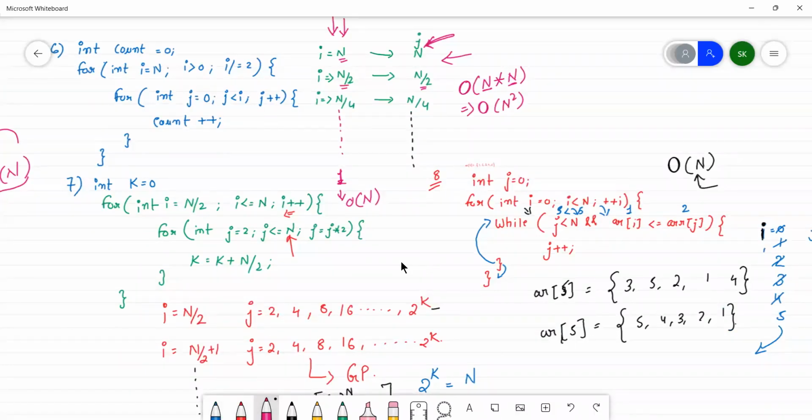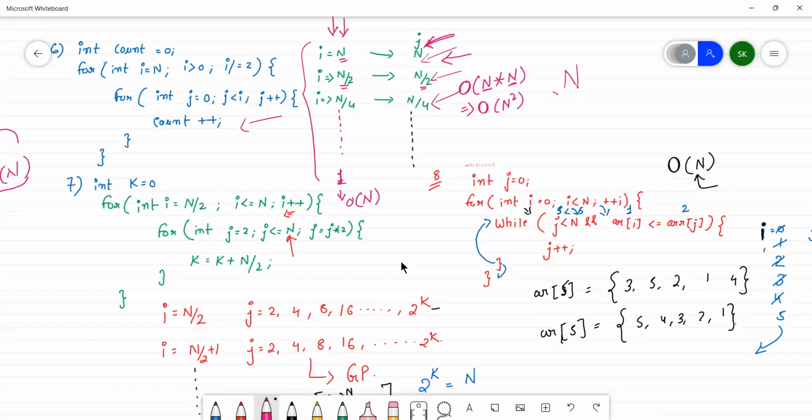But what I'm trying to say here is that you are getting this particular point that the outer loop is running around n, because you saw these values in the fourth question. And here it is going to be n. The inner loop, you also know that it is running for n times each time, initially n, then n by 2, then n by 4.